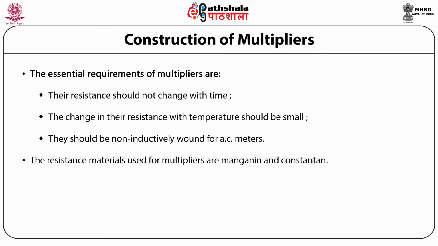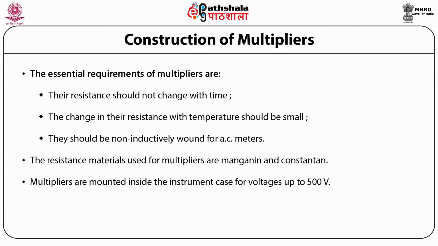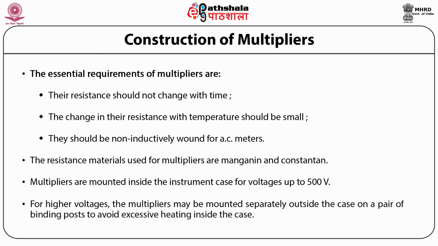The resistance materials used for multipliers are manganese and constantan. Multipliers are mounted inside the instrument case for voltages up to 500 volts. For higher voltages, the multipliers may be mounted separately outside the case on a pair of binding posts to avoid excessive heating inside the case.